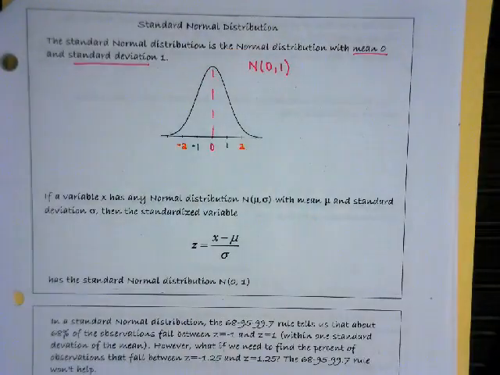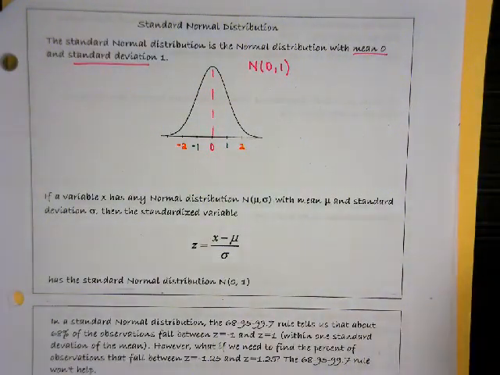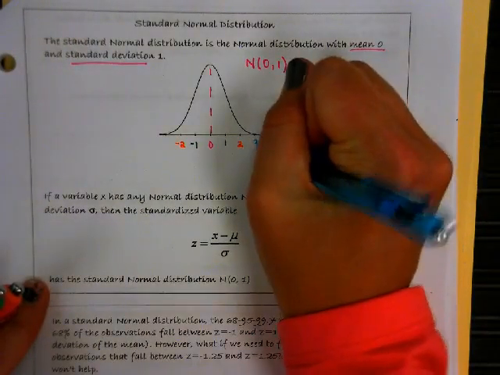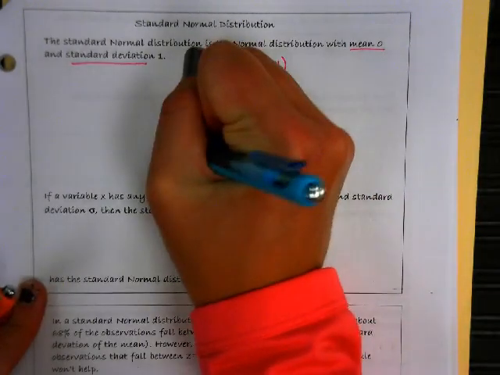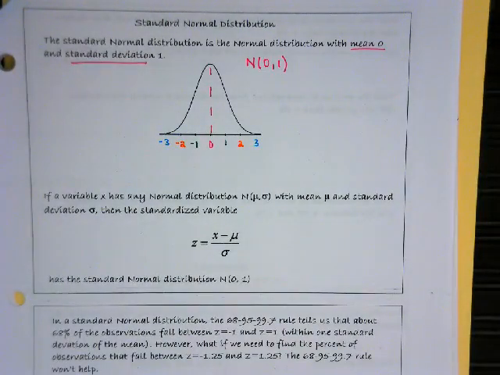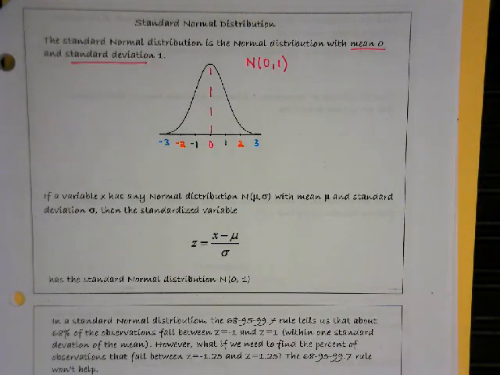So no matter what our variable is, you can always take the distribution and turn it into the standard normal distribution by changing all your data points into z-scores.